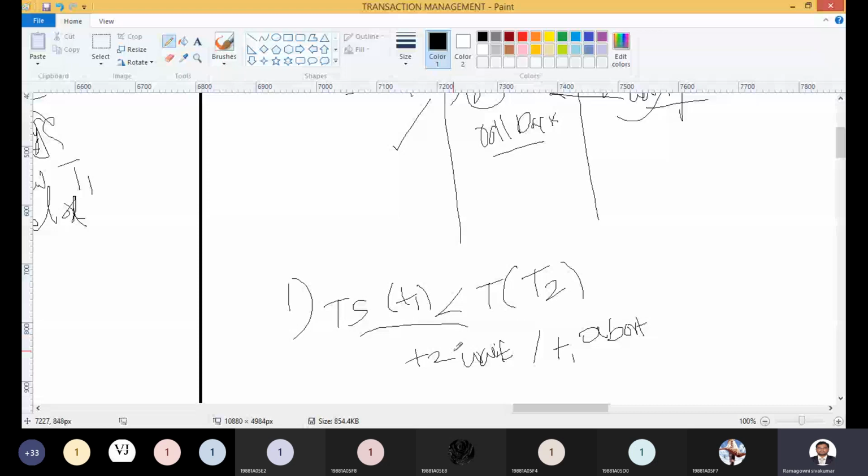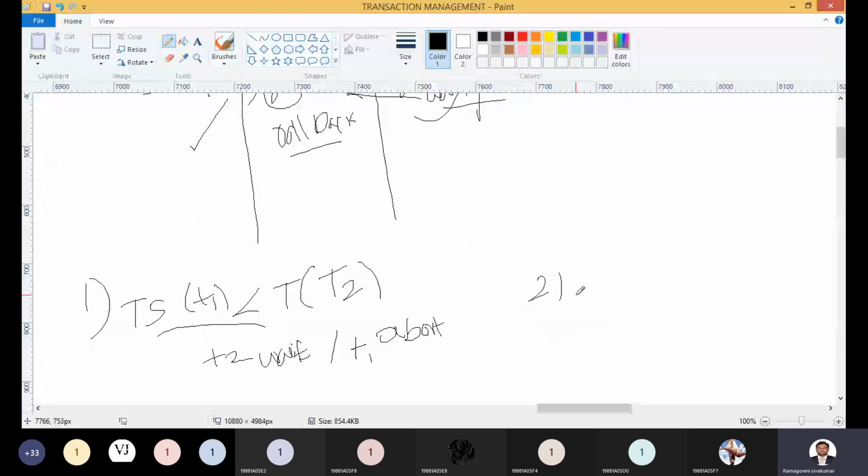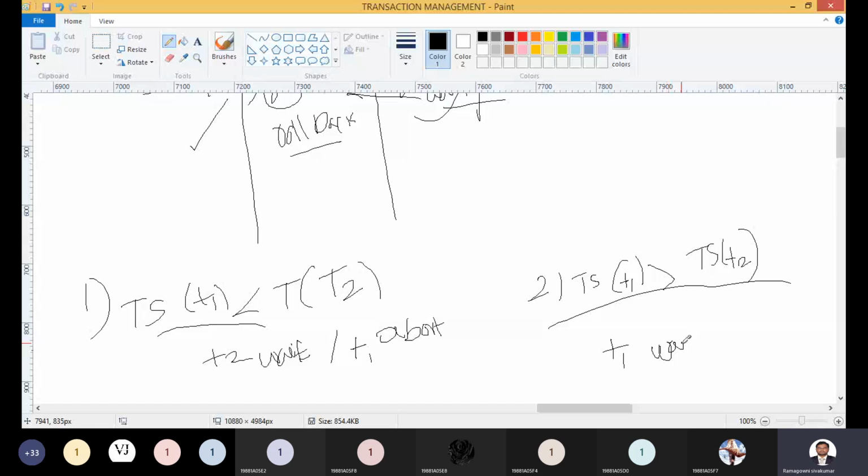The second condition: the timestamp of T1 is greater than the timestamp of T2, then T1 will be in a waiting state and T2 is aborted.